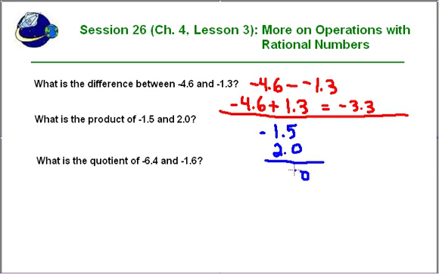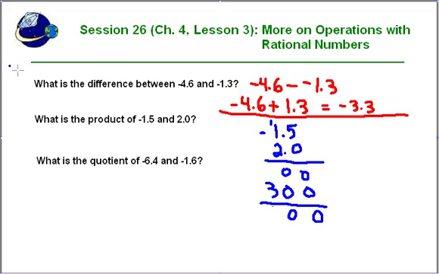We had zeros all the way across there. We start by bringing down a 0. 2 times 5 is 10. Carry the 1. 2 times 1 is 2, plus the 1 we carried is 3. Then we add up. Oops, that should be a 3 there, not a 0.